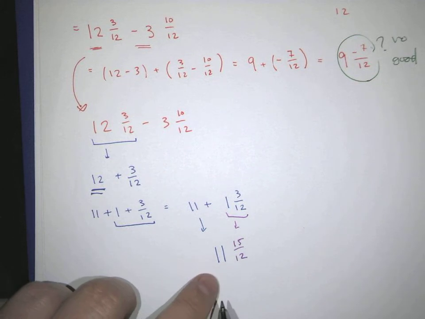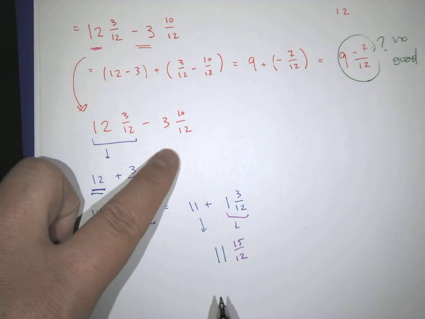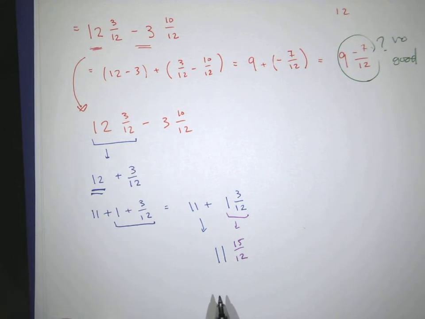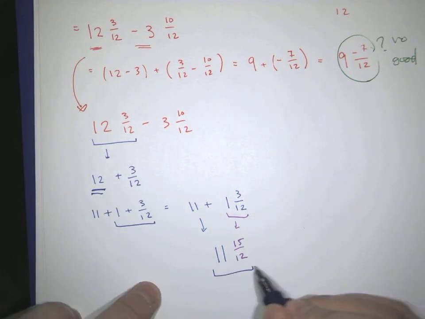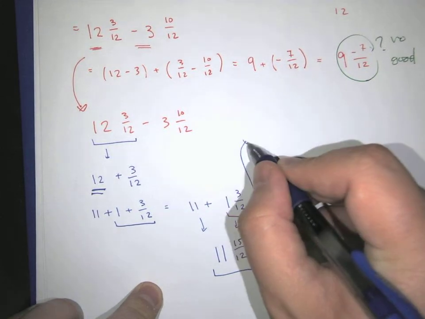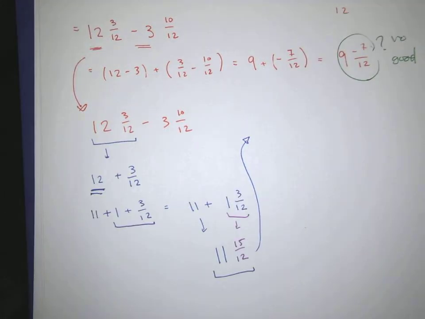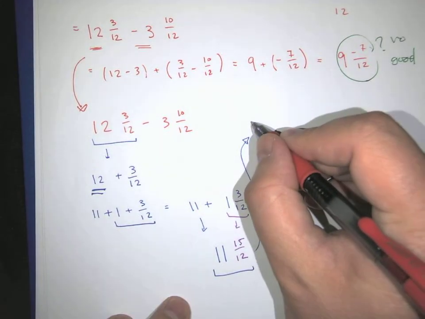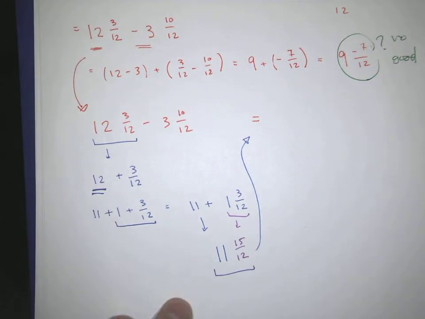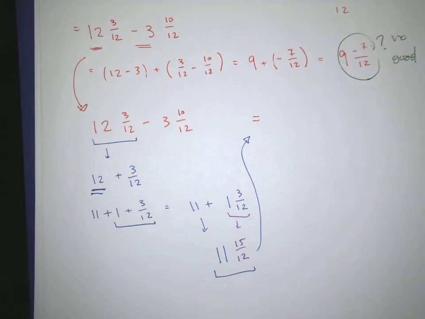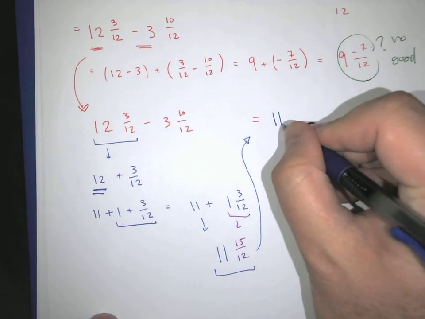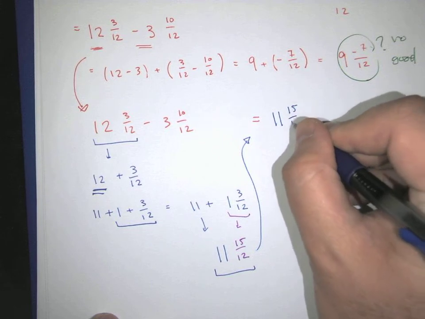We literally just said that it's not a good thing to have a mixed number mixed with an improper fraction, but it works for us temporarily, as it will make this subtraction run more smoothly. So if I transport this back up to here, instead of using 12 and 3/12 and subtracting away 3 and 10 over 12, let me use my new version: 11 and 15 over 12.